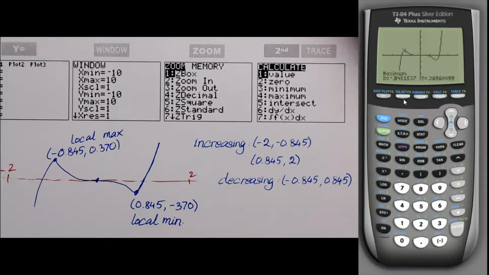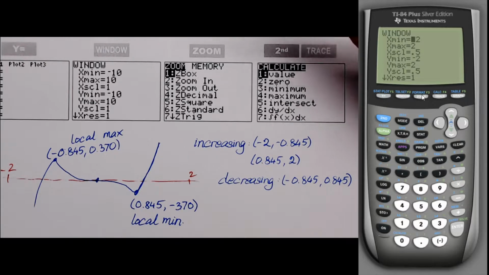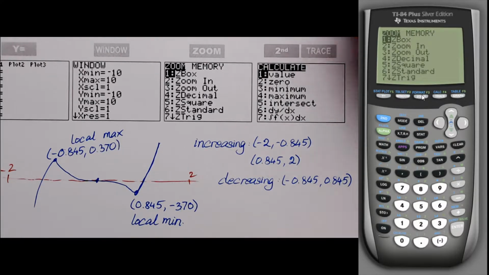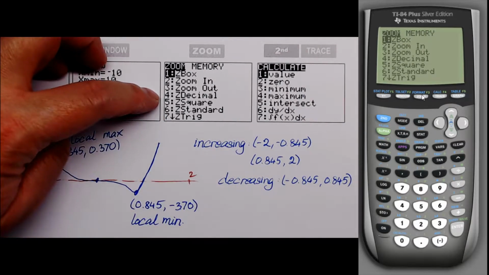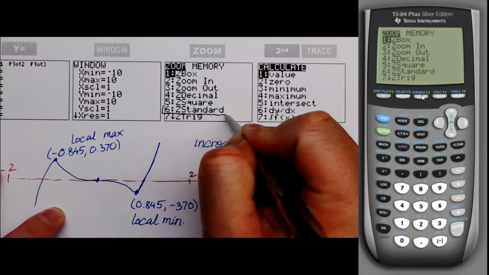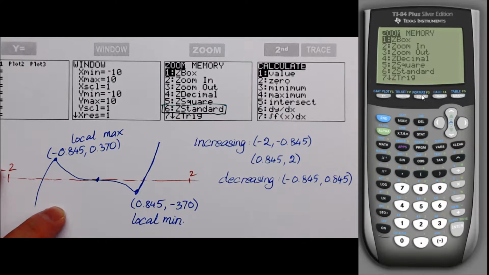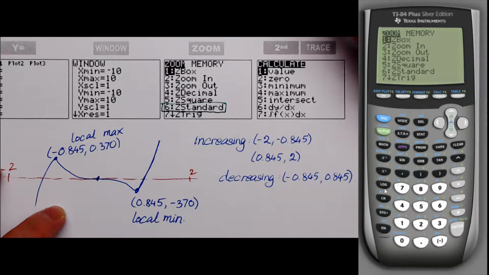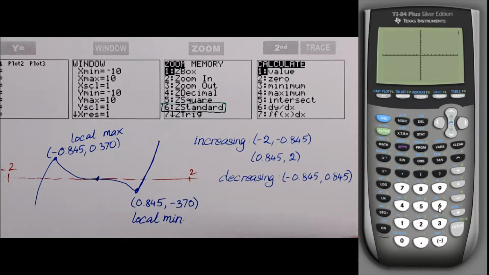To change it back, we hit the Window key. Of course, we see that window. We need to change it back to the original. So hit zoom, and the default option is zoom standard, option number 6. So hit zoom and just hit number 6. It will go back to the original window from negative 10 to 10.